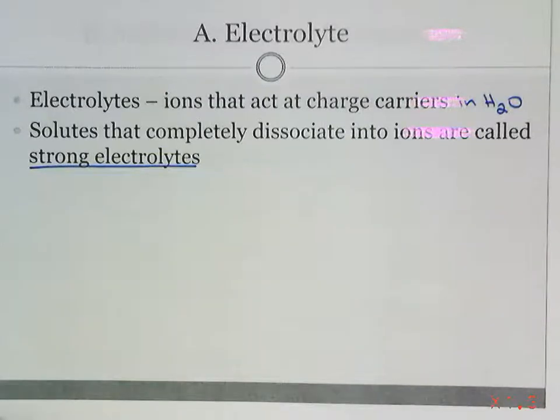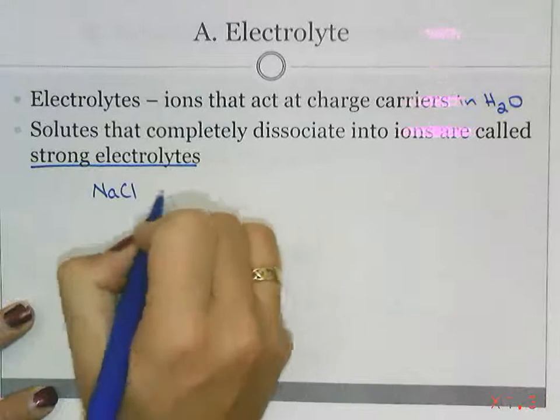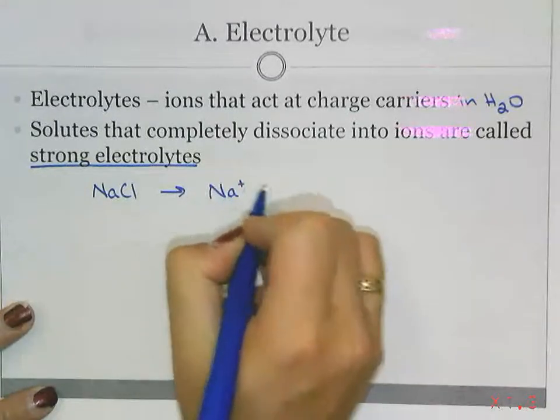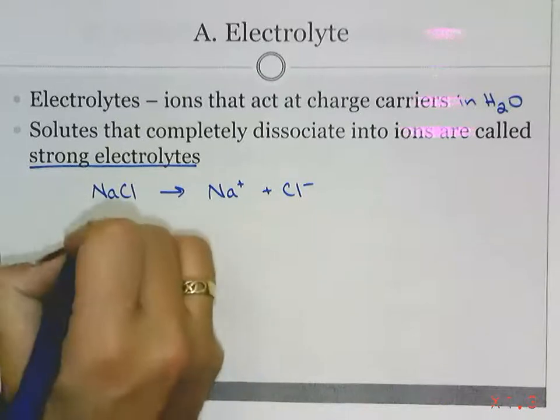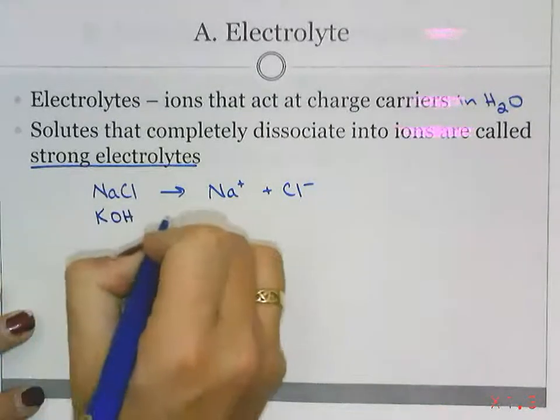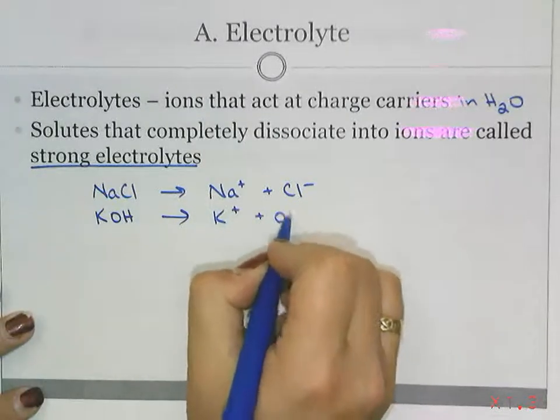This would be the one we just looked at, NaCl, which breaks into sodium and chloride ions. That is a strong electrolyte. It completely dissociates. What's another good strong electrolyte? Potassium hydroxide. That completely dissociates into two ions.